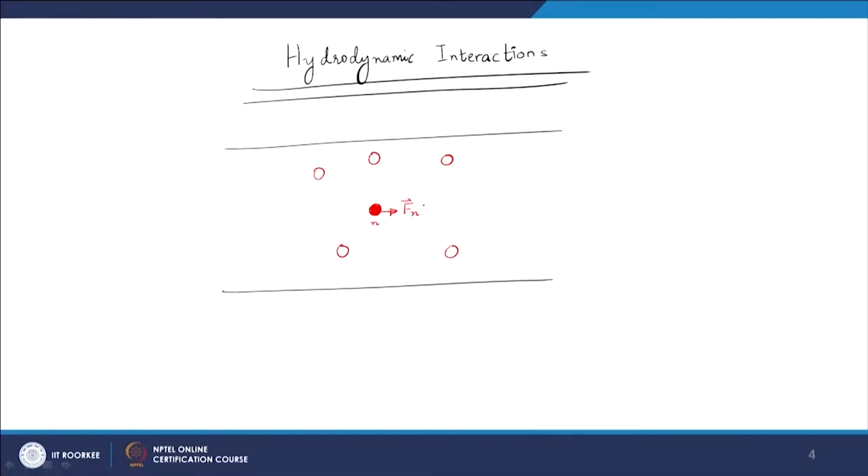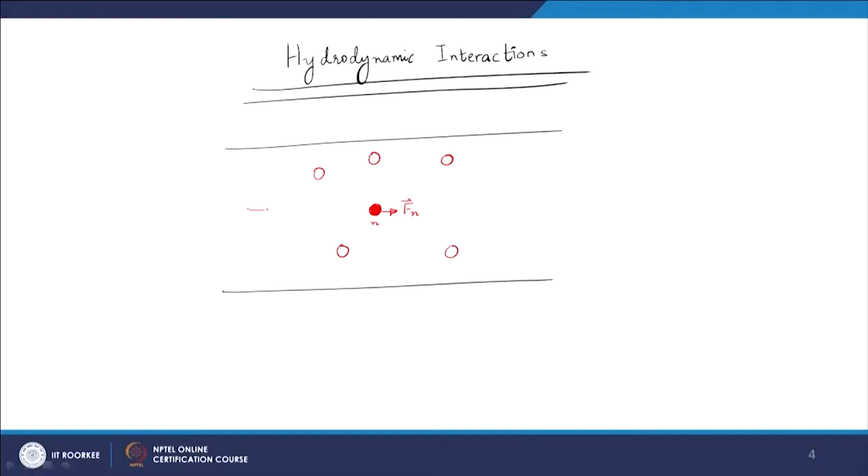Now, once the bead moves in a solvent, it does affect the flow field around it. Okay. So, all the other beads in the system would see a flow field that is created by the movement of this particular bead. Think of it as an analogy, like fishes in water.